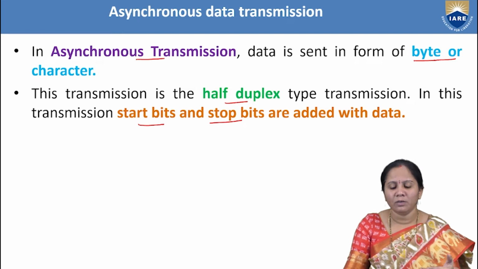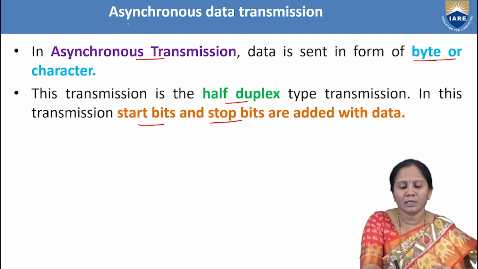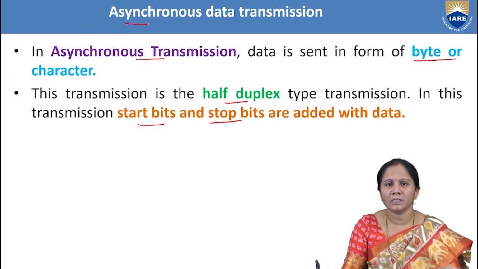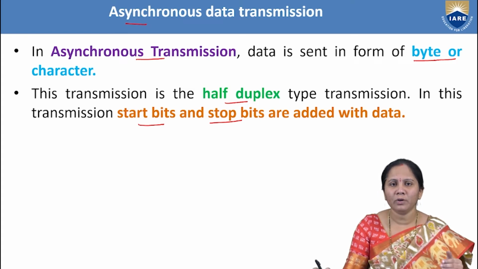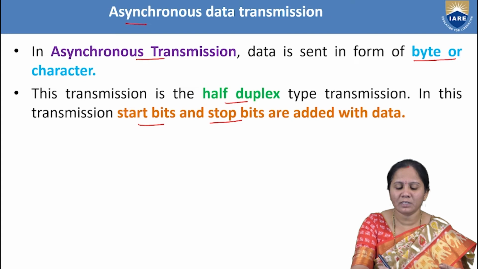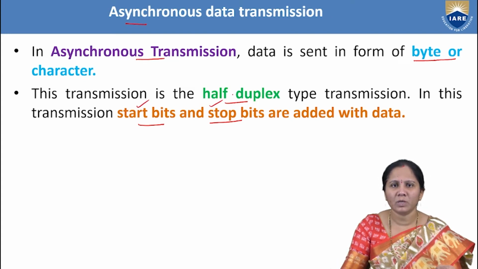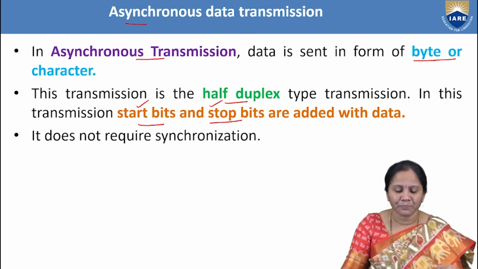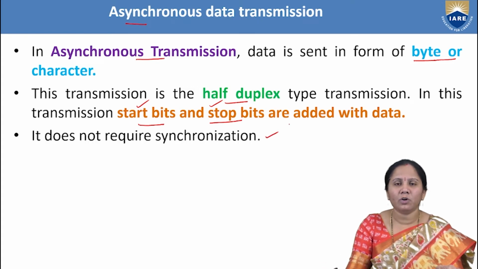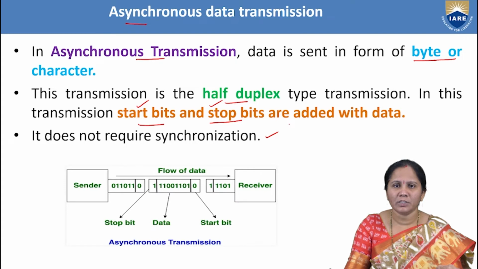Okay. So why? Because in the asynchronous transmission, we will not have an external clock signal. In order to have synchronization between transmitter and receiver, it is possible by adding this start bit and stop bit to the original character. And it does not require any synchronization.